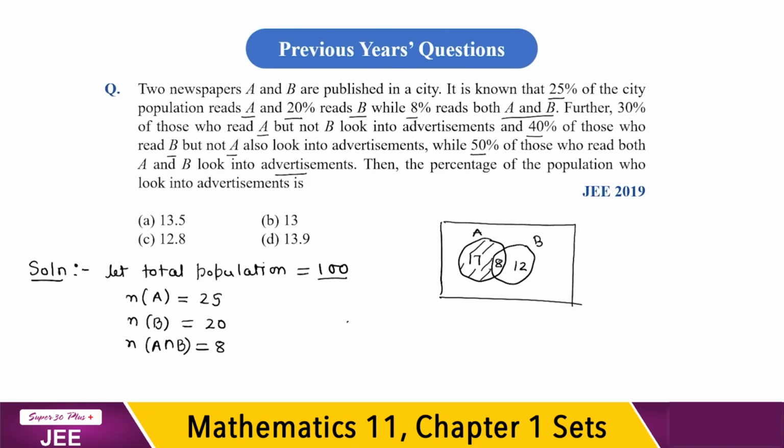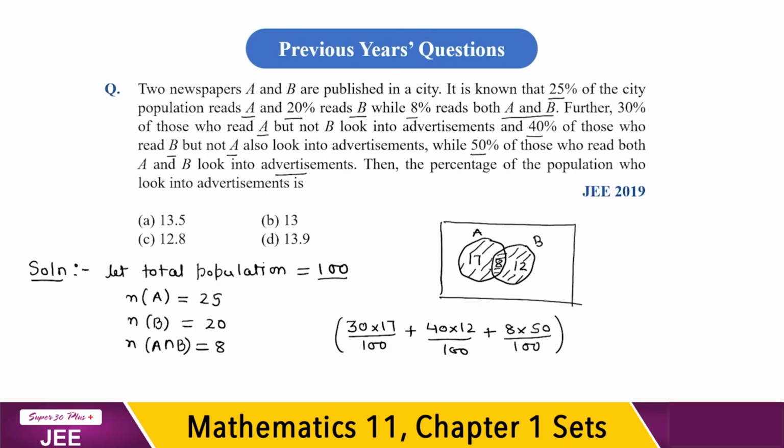So let us write 30% of 17 will be simply 30 multiplied by 17 upon 100, and then we have 40% of this population, which means 40 multiplied by 12 by 100, and 50% of the population over here in the common region of A and B. So this is going to be 8 multiplied by 50 divided by 100. So this is the total population that is looking into advertisements.